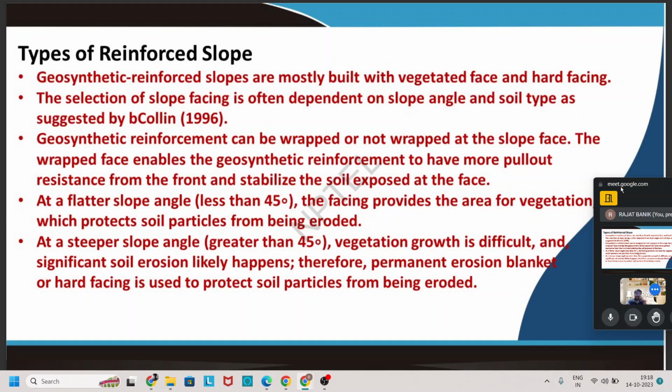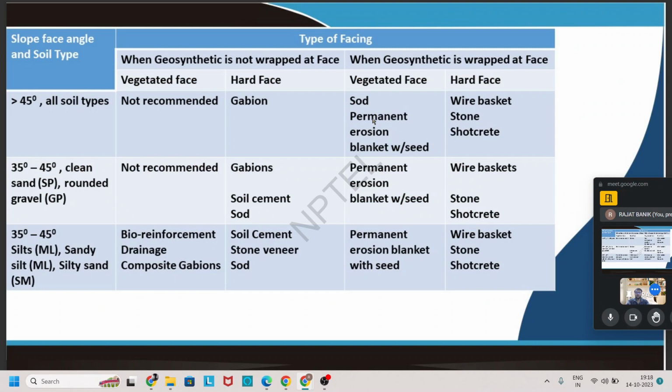Therefore, permanent erosion blankets or hard facing is used to protect soil particles from being eroded. Now we discuss the different types of facings, which are based on the slope face angle and soil type, and also on whether the geosynthetic is wrapped or not.